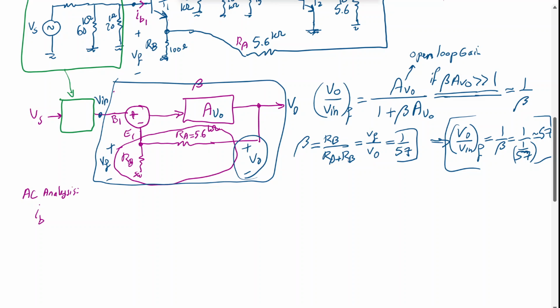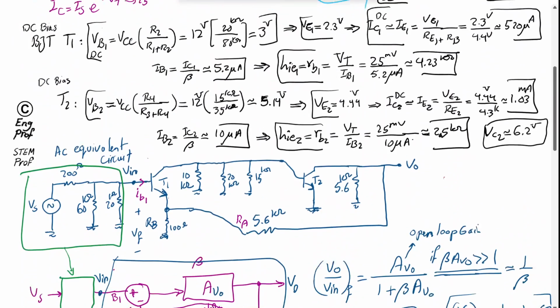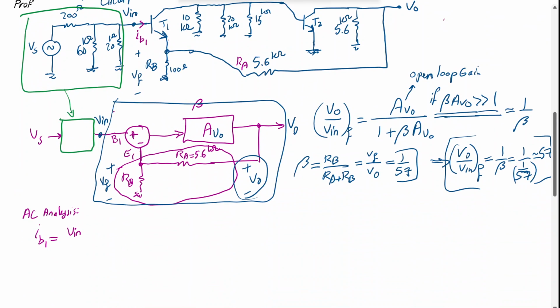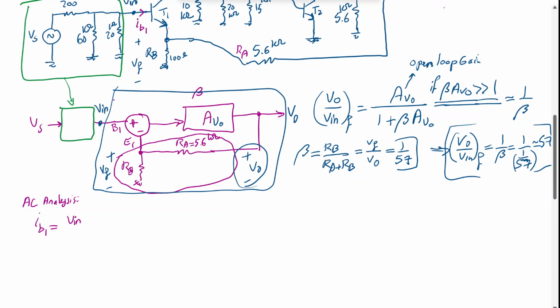So I base AC of transistor 1 is Vin, and Vin is not the source. Again, be careful. Vin is the intermediate voltage we have here that we can compute easily from the source. This circuit, the green portion, is not difficult. So Vin divided by whatever input impedance I'm observing from the base of transistor 1.